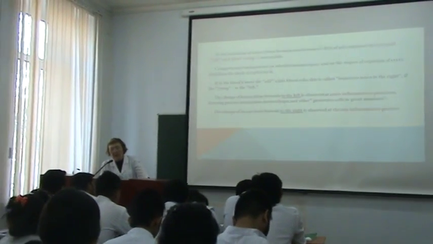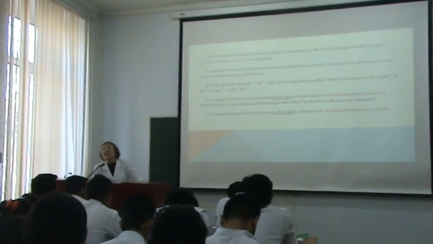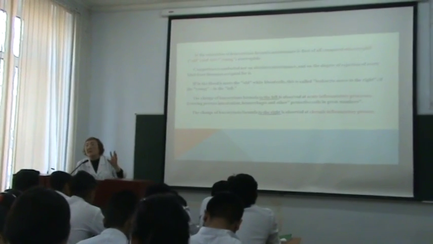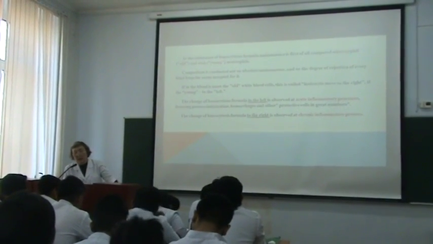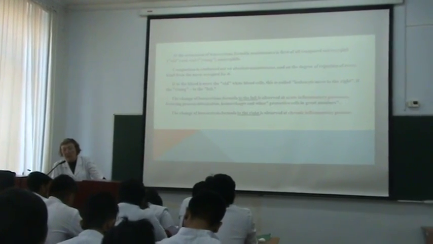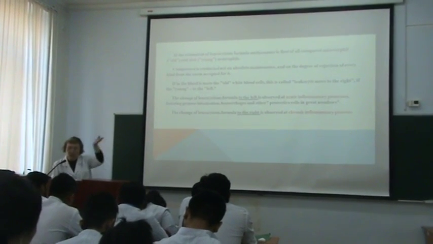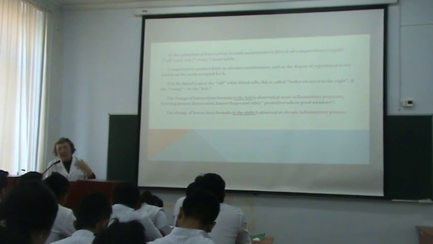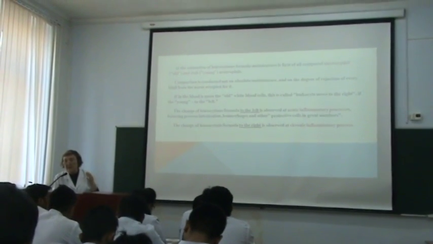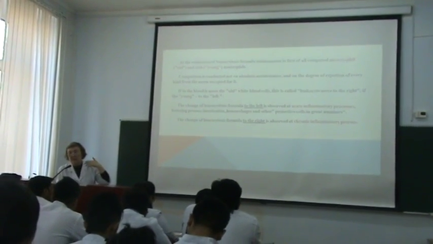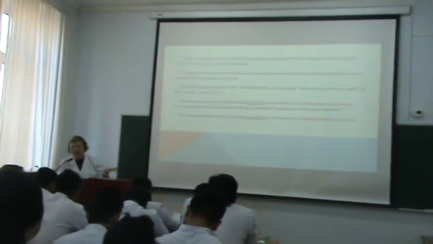If in the blood there are more old segmented neutrophils, we say the leukocyte formula moves to the right. If there are more young cells, the formula turns to the left.